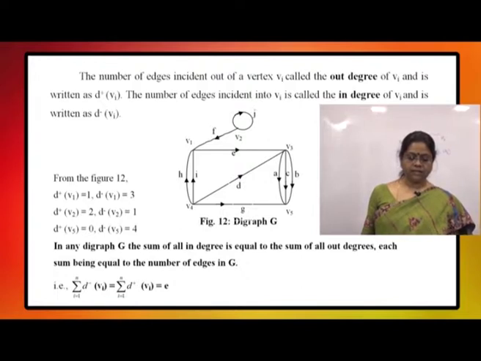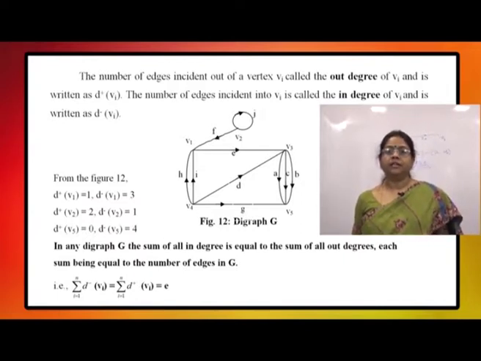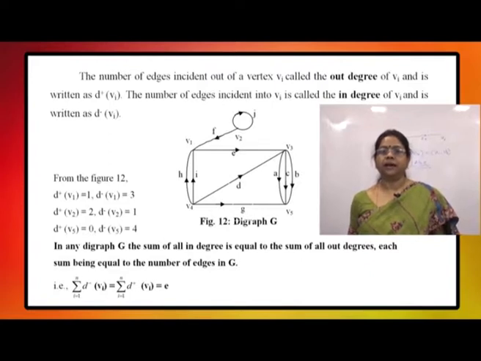Out degree of a vertex is the number of edges incident out of a vertex, and in degree is the number of edges which are coming to the vertex Vi, and is denoted by d plus Vi and d minus Vi.